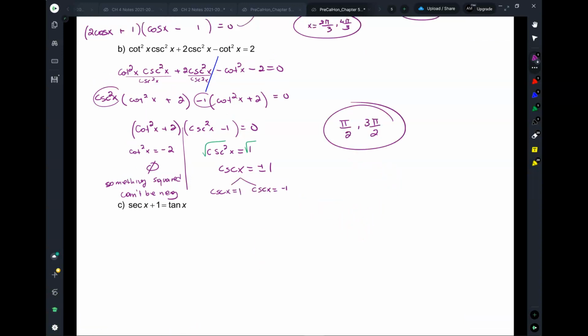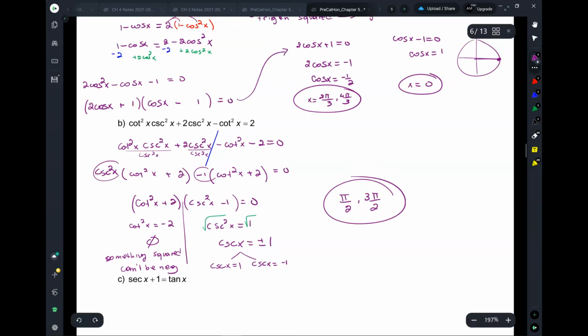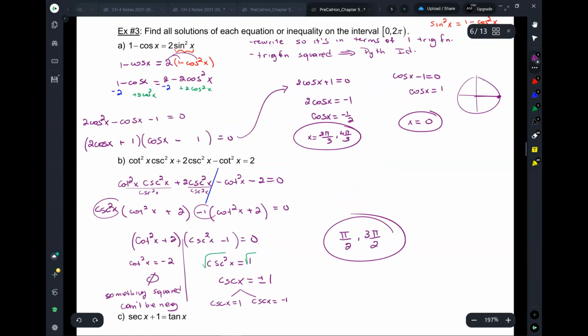So take a look at C. Take a look at why there is a problem here. Why do you think there's a problem with C? Like if you look back to A, let's say. What's the problem that we had in A that we also have in C? Okay, so the issue we had here is we had a sine and a cosine, so we had to write it in terms of the other.